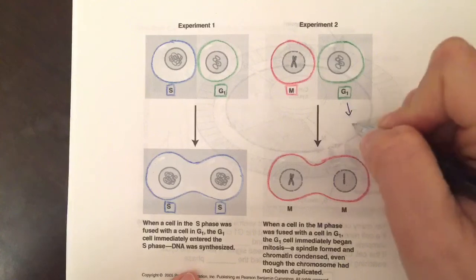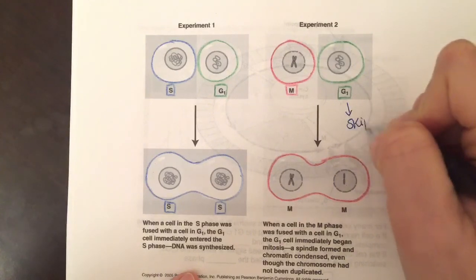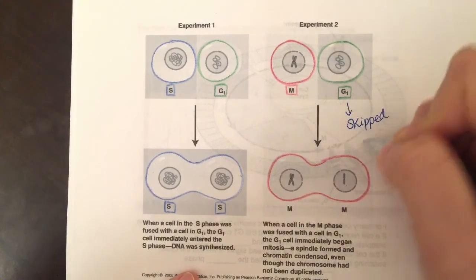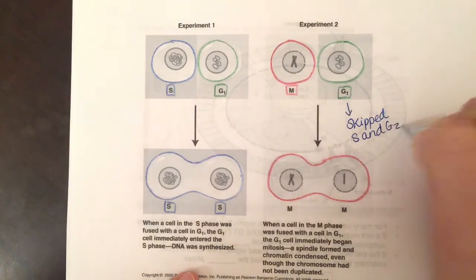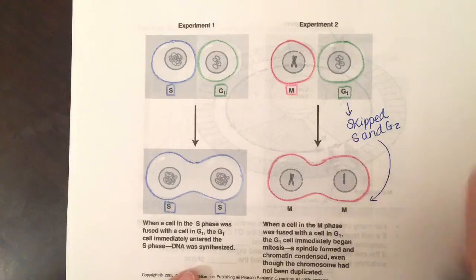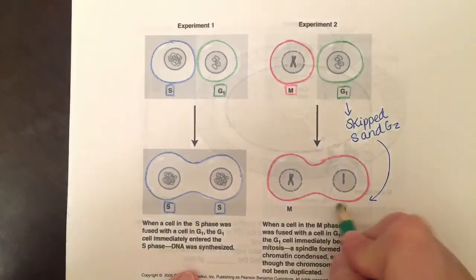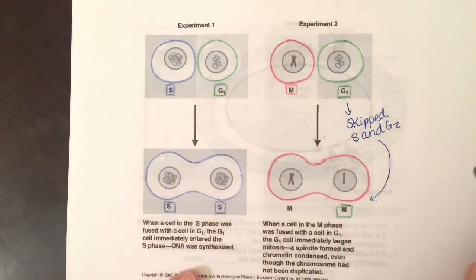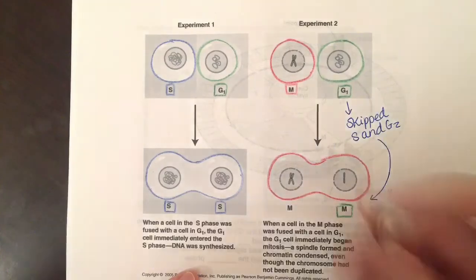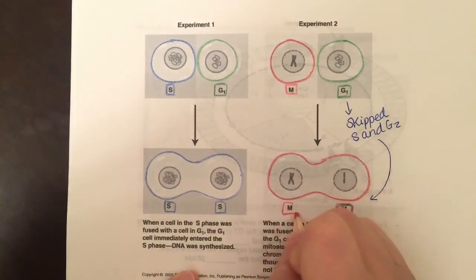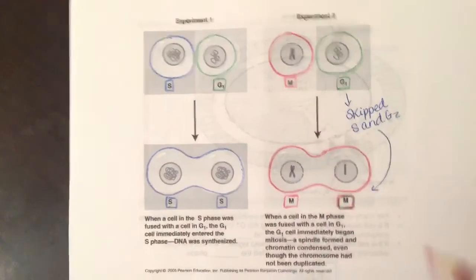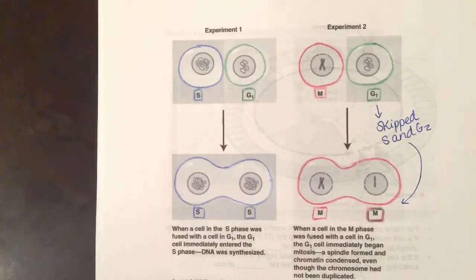So this one skipped S and G2 and went immediately into M. And so why is that? Does anybody have any ideas as to why that is?